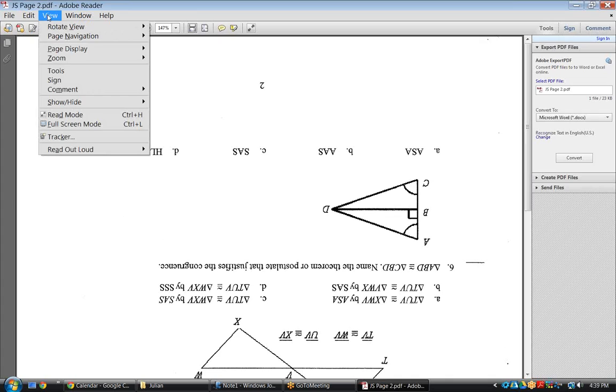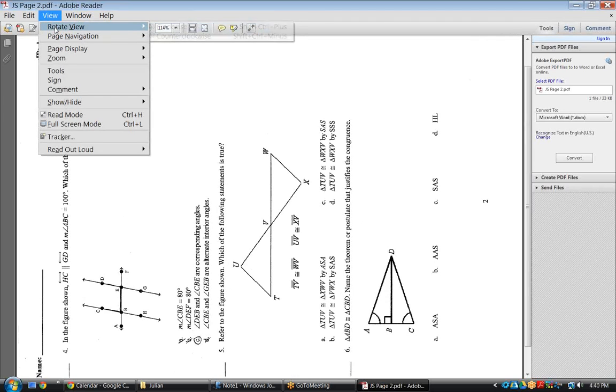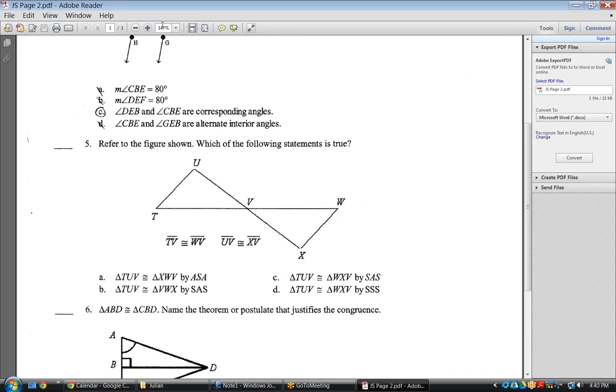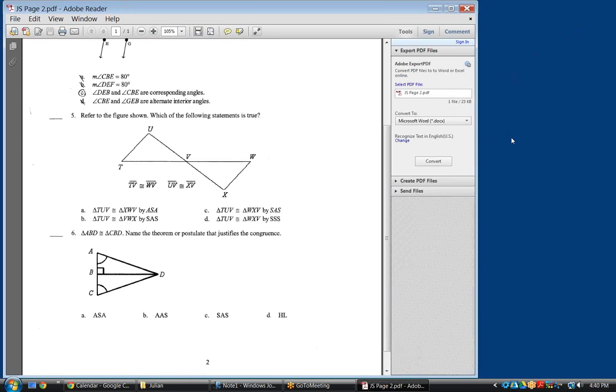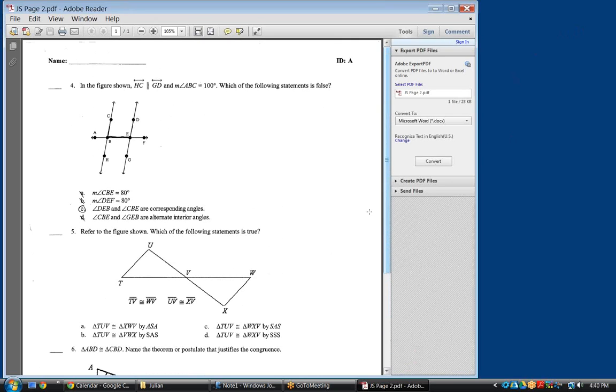I guess I need to, I'm not used to doing this with this program. I have another program that does this for me. I guess it depends. I don't know what it depends on. Alright, let me blow this up a little bit.